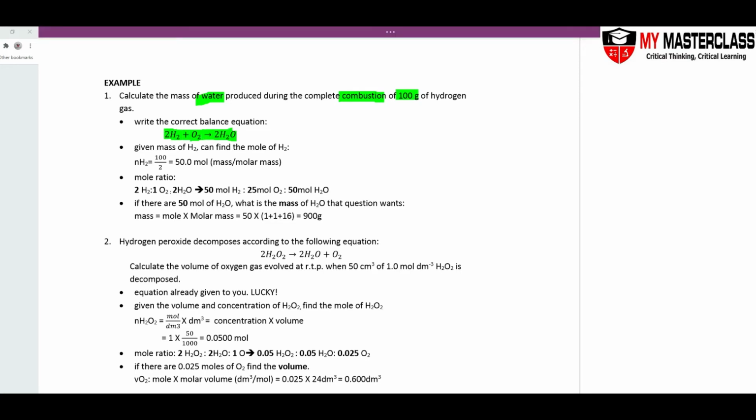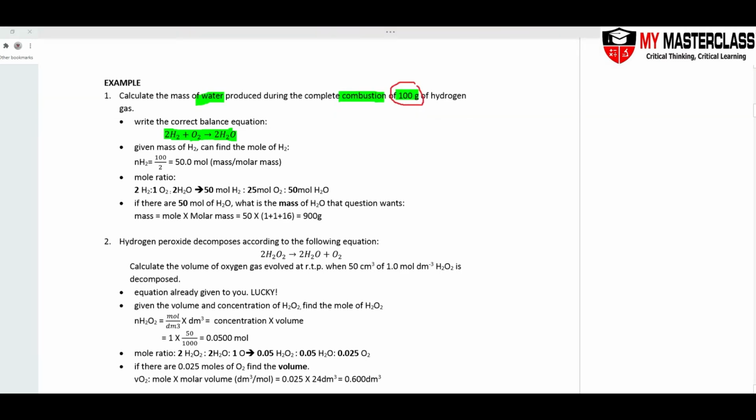The question gives me 100 grams of hydrogen. First thing I know is this is the mass, so find the mole by doing mass over molar mass. I have 100 divided by the molar mass from your periodic table, which is 2, because hydrogen is H2. You have 50 moles.